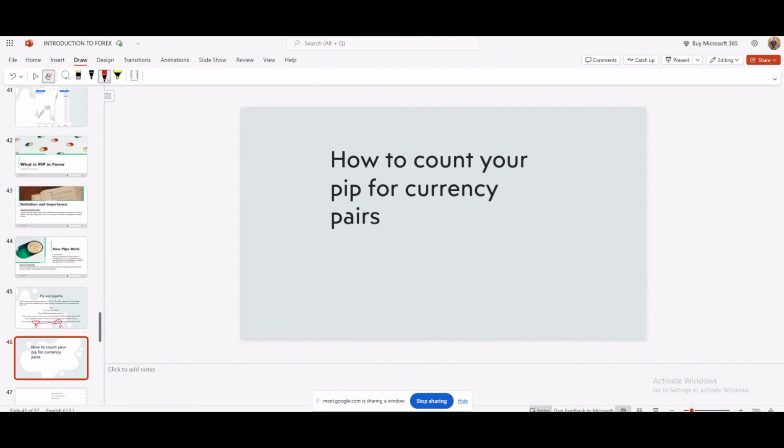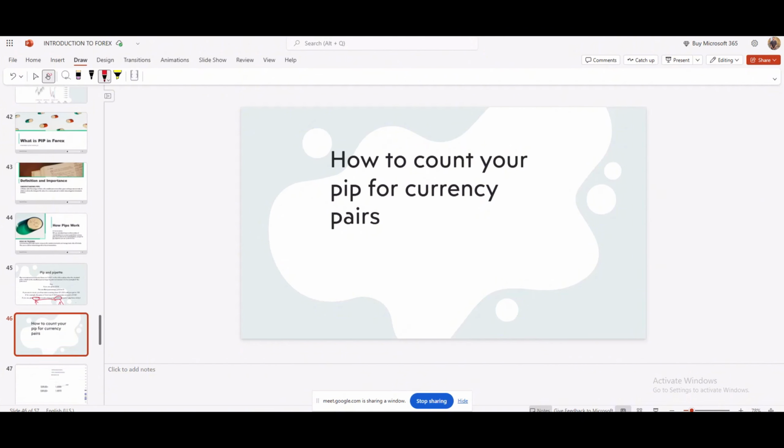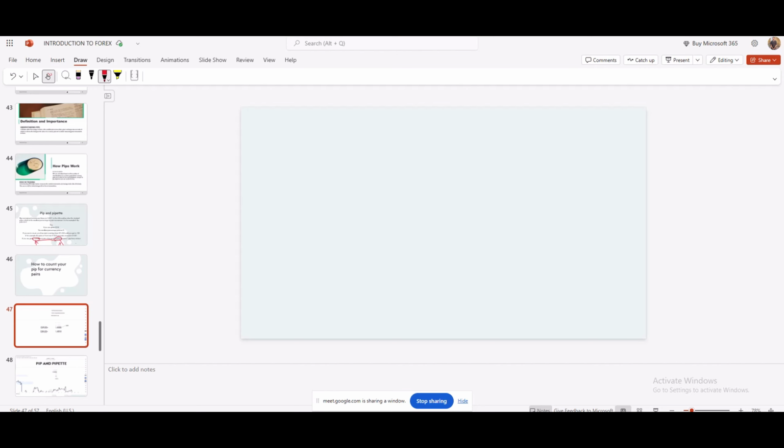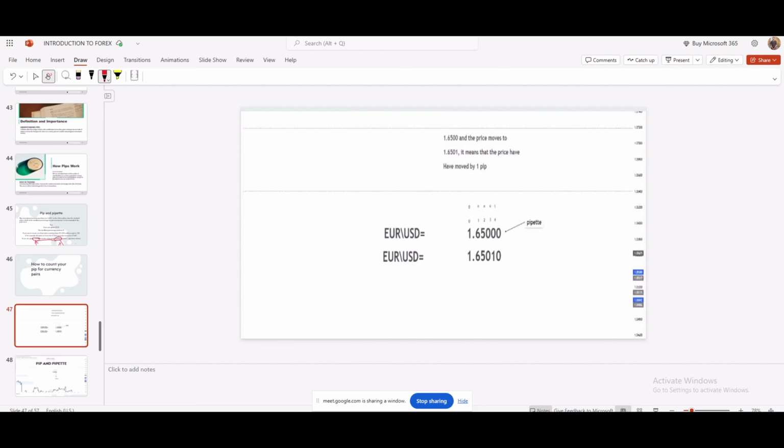I hope we understand. Now we are going to talk about how to count your pips for currency pairs. For currency pairs, we have a way we normally count it. Okay, this is EUR/USD. We are just assuming a price now, that the price of EUR/USD was at 1.6500.